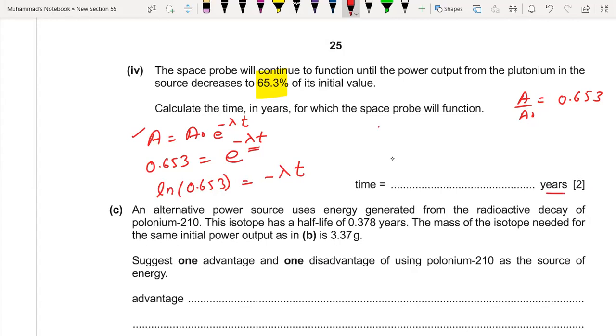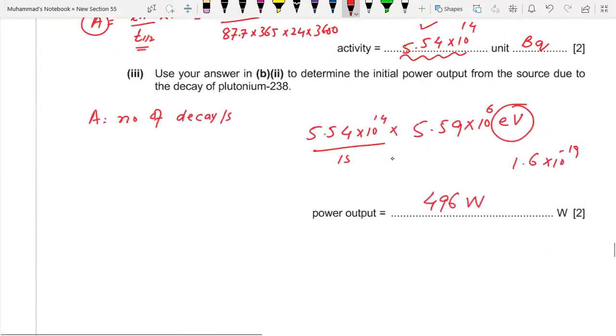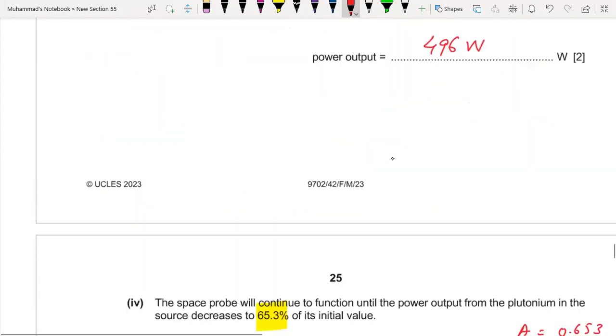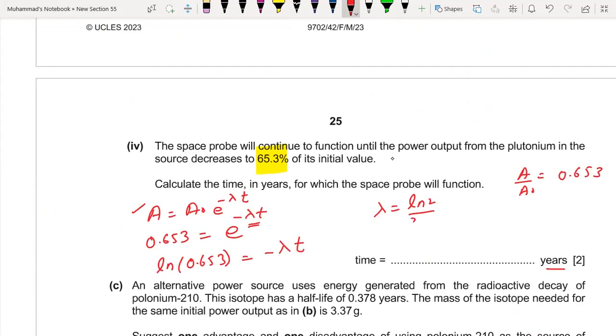Lambda is ln 2 divided by half-life in years, which is 87.7. No need to convert over here. So put that lambda over here, and you will get the time, and it is 53.9 years.